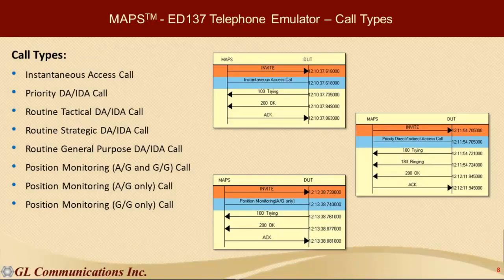These are the 8 telephony call types defined by the specification, and we support all of them. Along with this, we also provide the call graph and message decodes for detailed analysis of each and every call that we are generating.